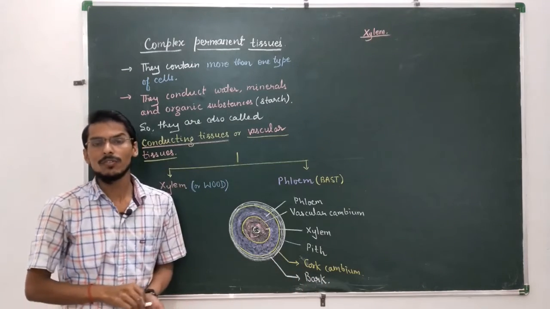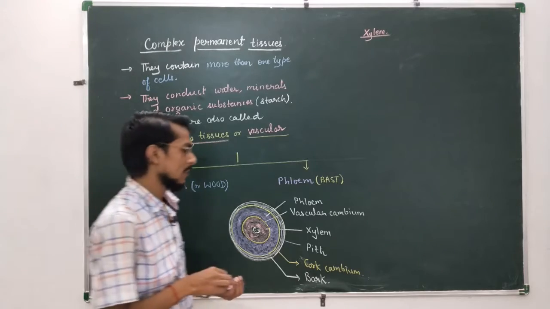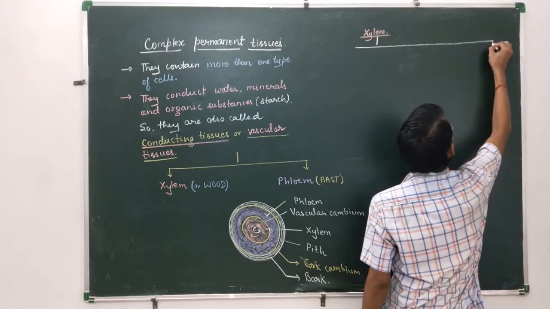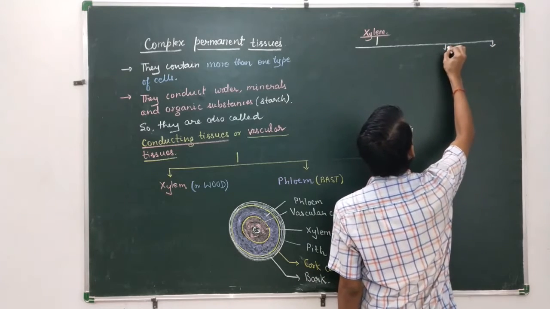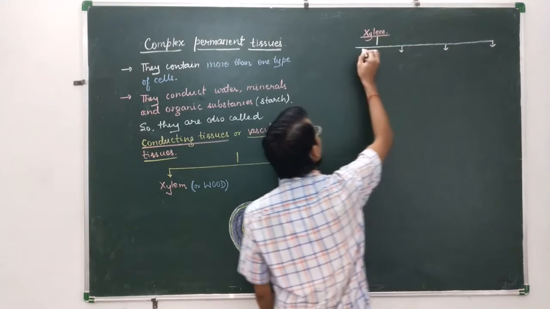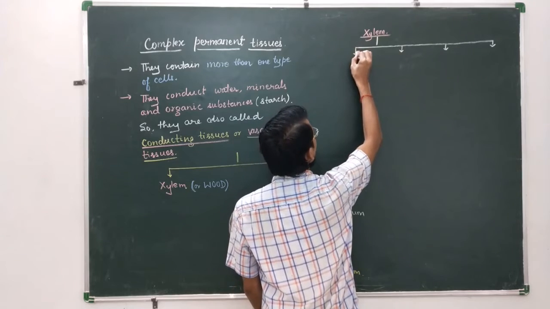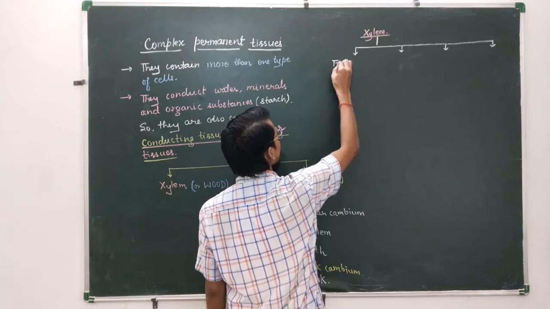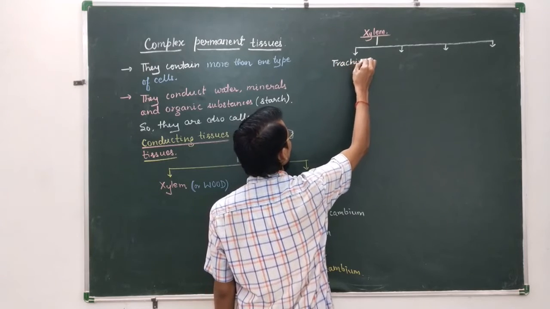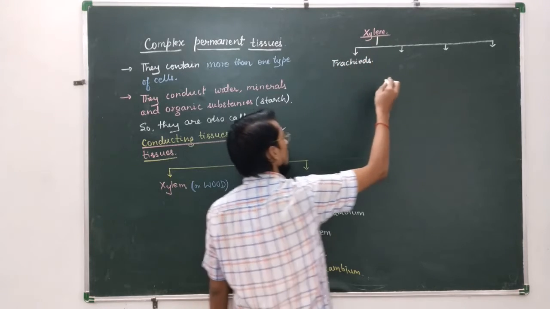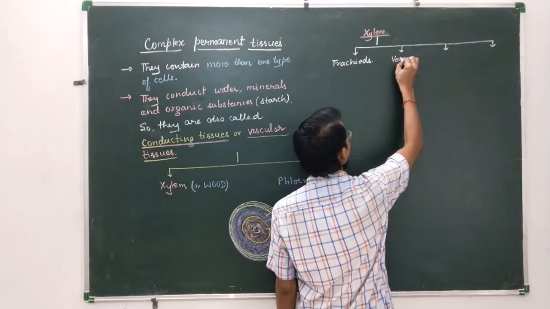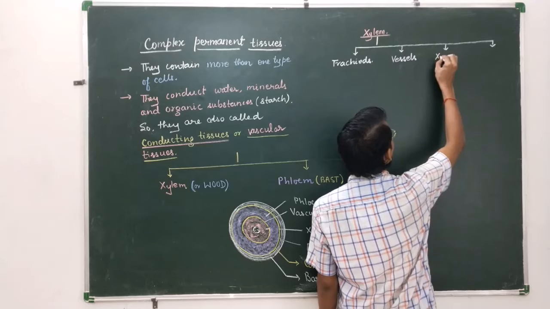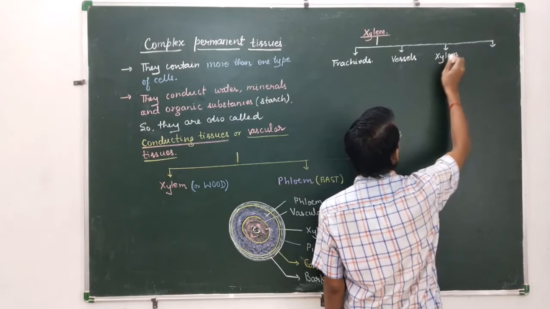Xylem consists of 4 types of cells. What are they? Number 1 is tracheids. Number 2, vessels. Number 3, xylem parenchyma.